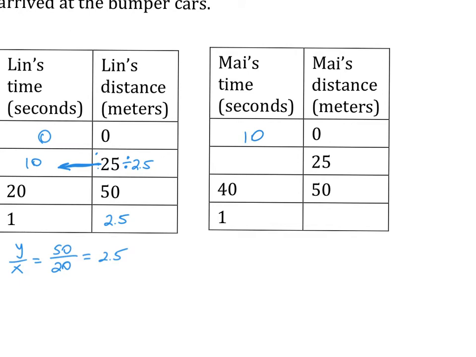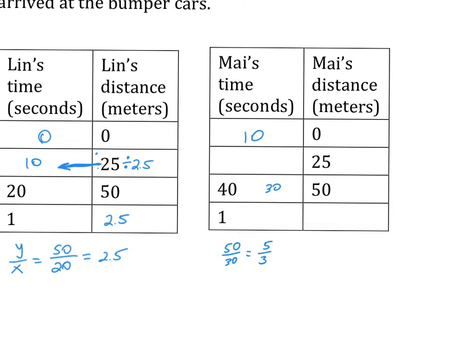Now, because May did not leave right away, we have to look at her numbers for her time a little differently. So although it took her 40 seconds to get to the bumper cars, she really only walked for 30 of those seconds. So when we set up our ratio, it's actually not going to be 50 over 40, it's going to be 50 over 30, which again simplifies to 5/3.